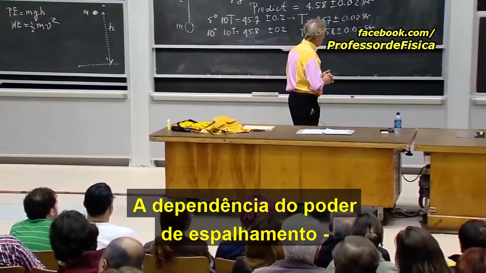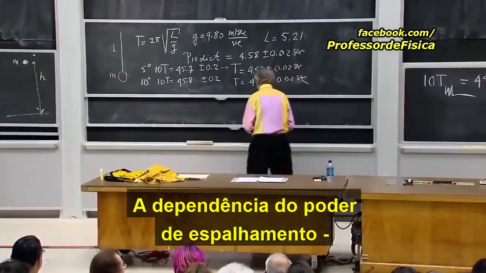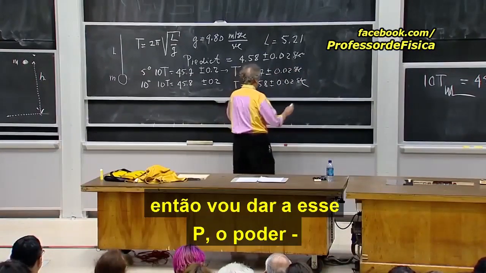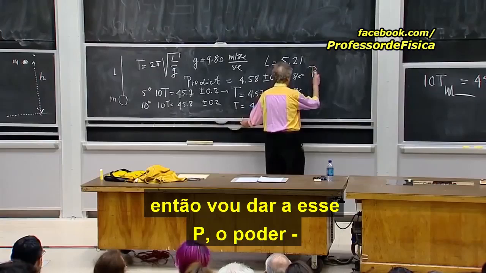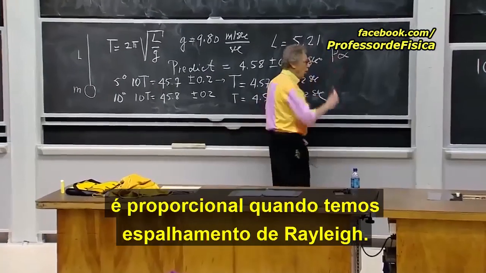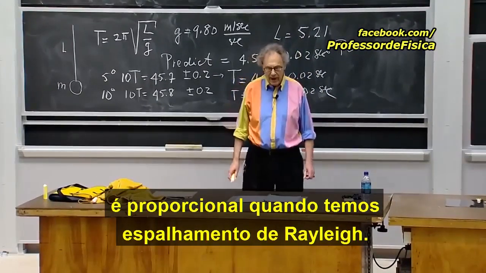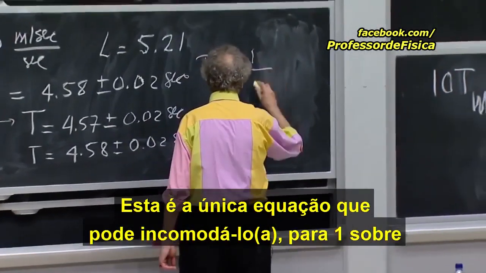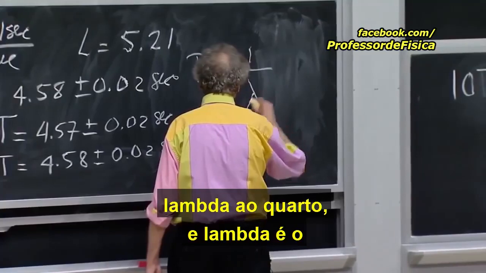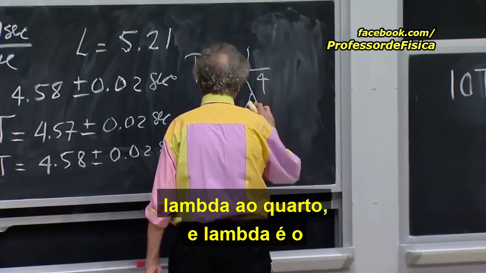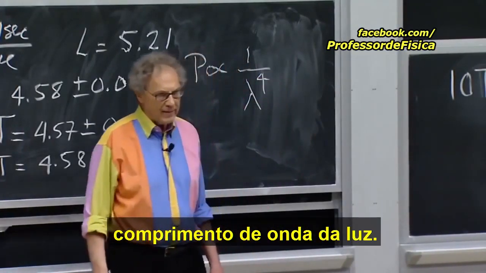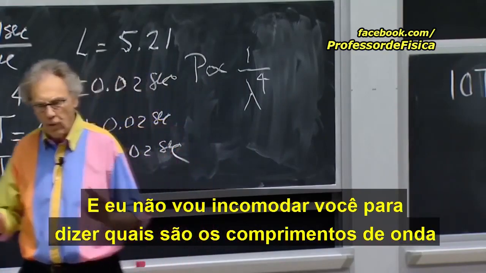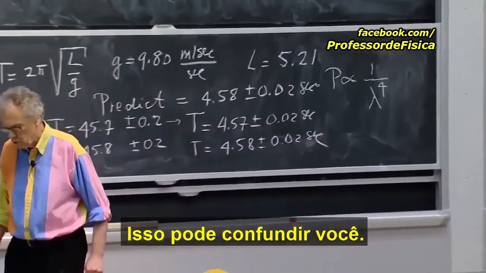The dependence of the power of scattering, so I'll give that P, the power, is proportional when we have Rayleigh scattering, this is the only equation that may bother you, to 1 over lambda to the 4th, and lambda is the wavelength of light. And I will not bother you to tell you what the wavelength of light is. That may confuse you.